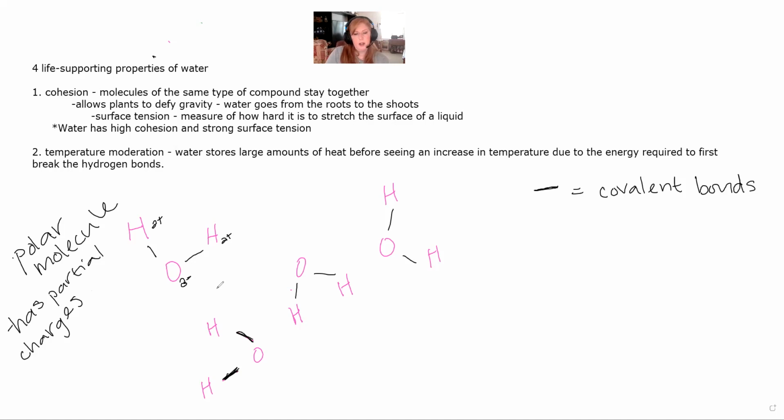The whole molecule is balanced because it's partially positive on one end and partially negative on the other end. But these charges make water molecules super attractive to each other.